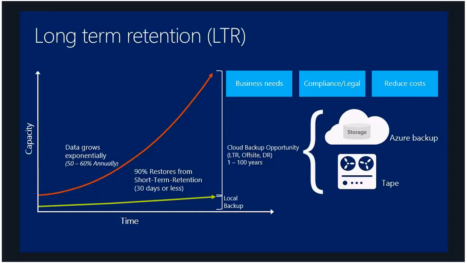So if you have to keep backups for 5, 6, 7, even 10 years, how many tapes would that be? And how challenging could it be to retrieve data from the right tape? Calling it back from off-site, finding the right tape in the right set, finding the right file, and so forth. Azure Backup replaces that and simplifies this approach and this need.